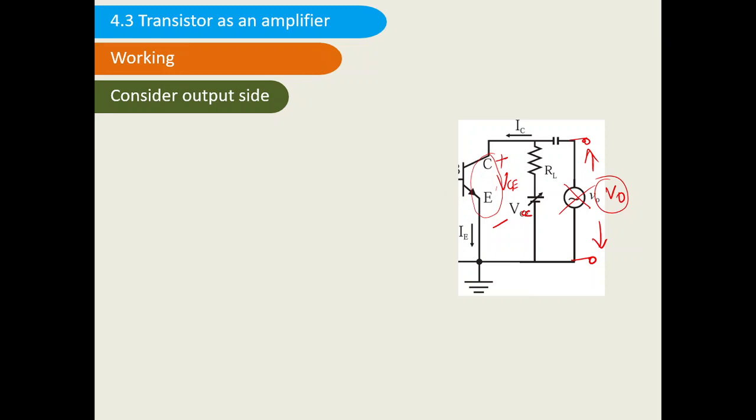Let us now consider the output side. I will draw it again neatly. This is the VCC value. This is the plus minus VCE value. Now I will apply KVL to this loop. Kirchhoff's voltage law.